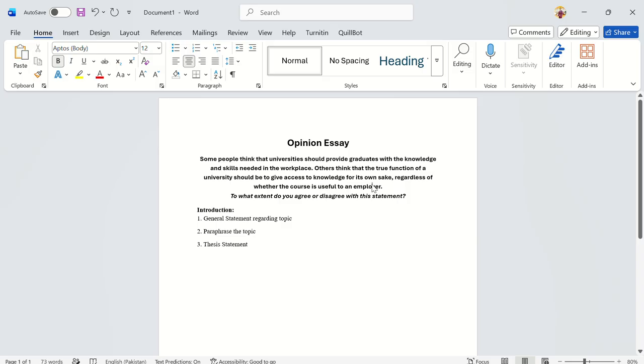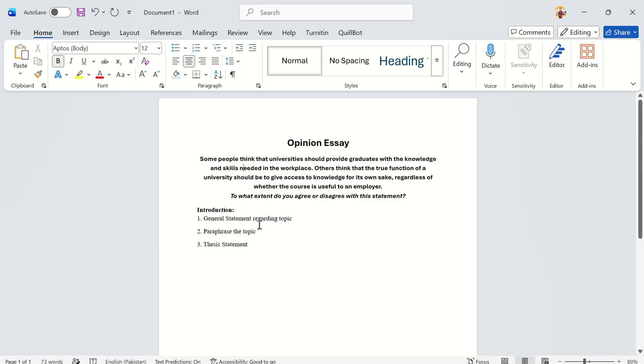Some people think that university should provide graduates with knowledge and skills needed in the workplace. Others think that the true function of a university should be to give access to knowledge for its own sake, regardless of whether the course is useful to an employer. So this is your question statement.